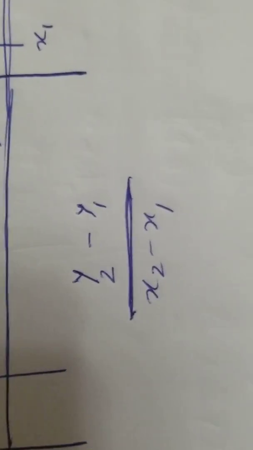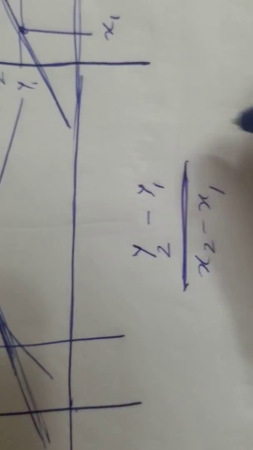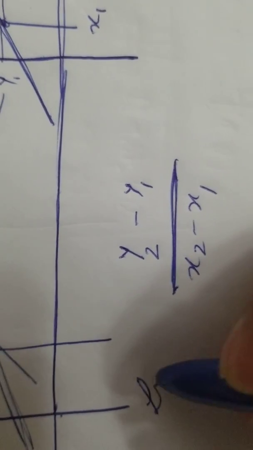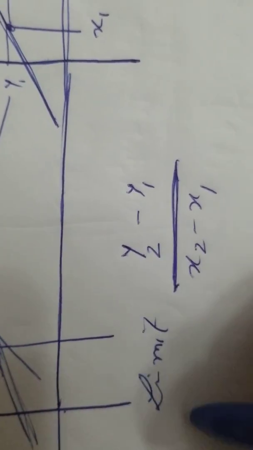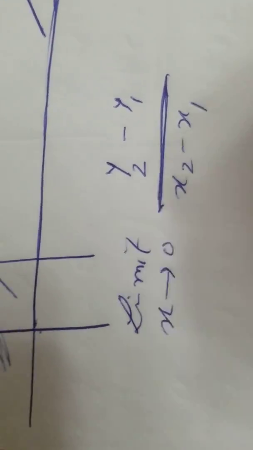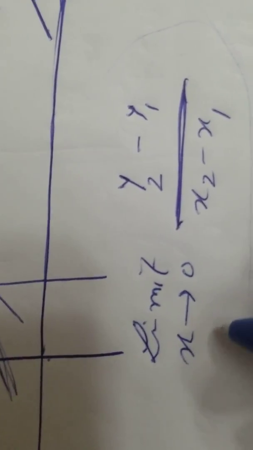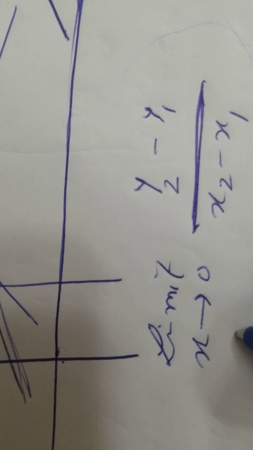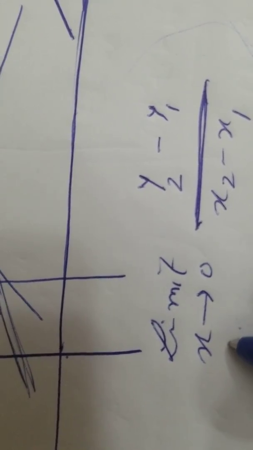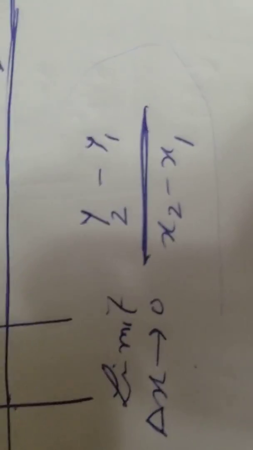Look at this carefully. We're trying to apply a limit as x approaches 0 on this. Where are we applying the limit to? We're applying the limit to the two points. So, delta x as delta x approaches 0.